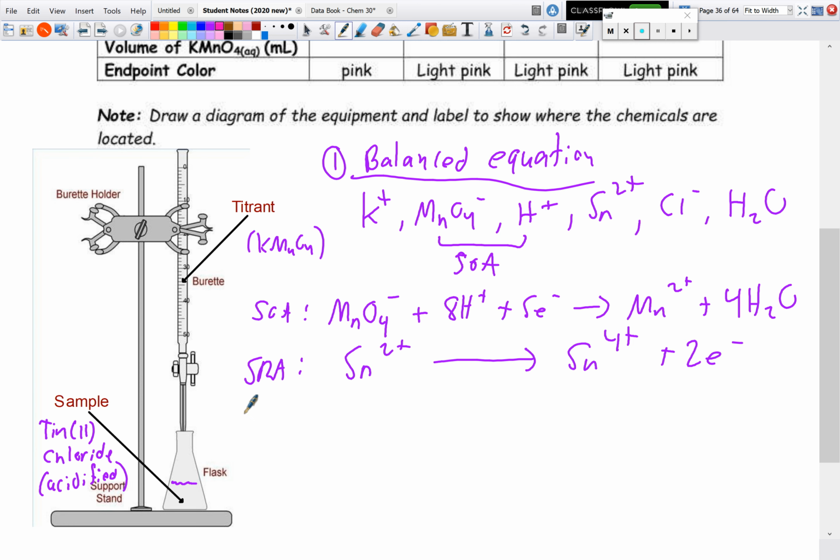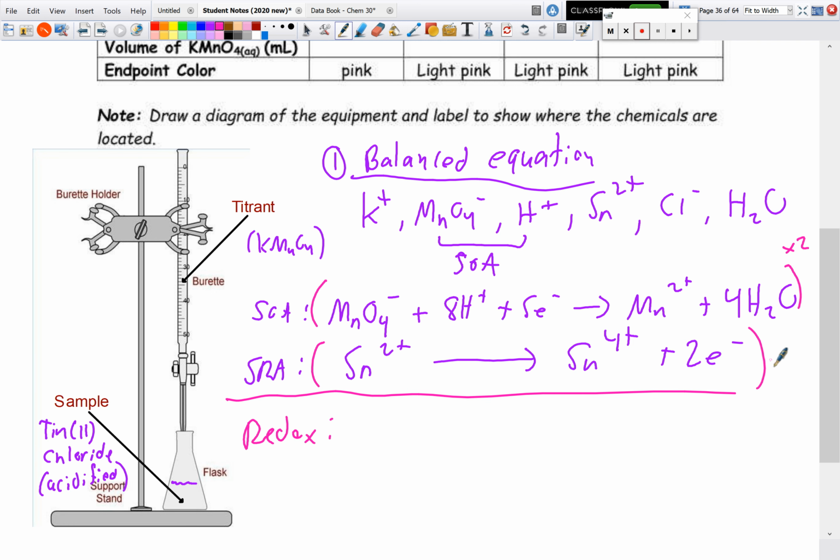Now, of course, we will need to get our redox equation by making sure the total number of electrons transferred equal out. In our top equation, we have 5. In our bottom equation, we have 2. So the lowest common multiple here is going to be 10. I'm going to multiply my top equation by 2 and my bottom by 5.